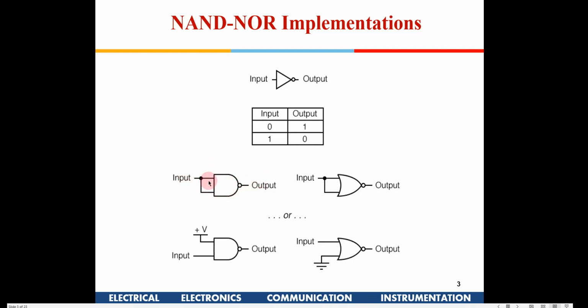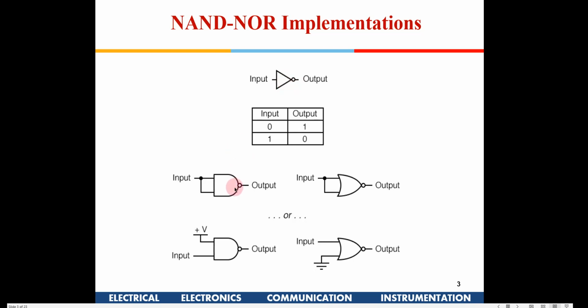So you can make an inverter out of a 2 input NAND gate. At the transistor level, an inverter uses just 2 transistors and a single input, so you can consider it as a 1 input NAND gate also.